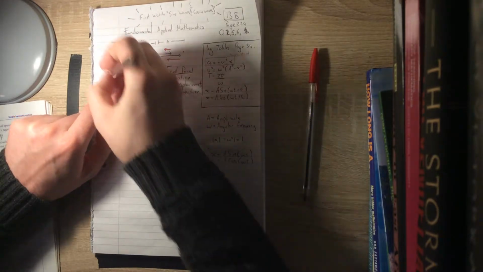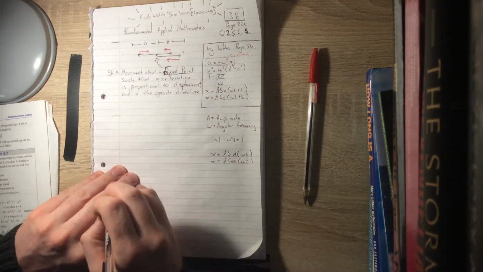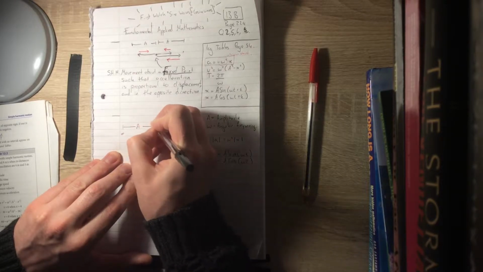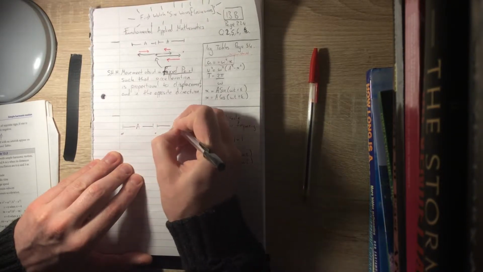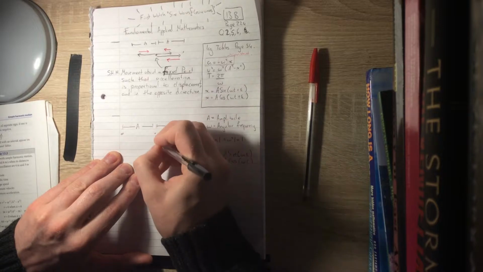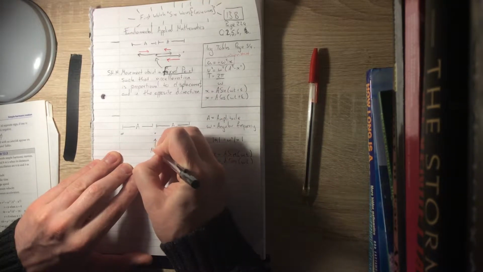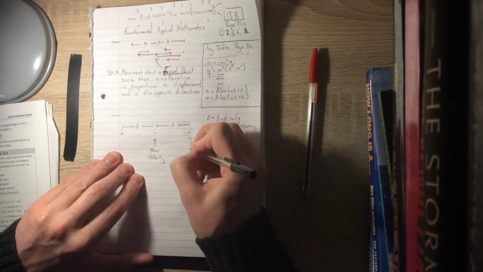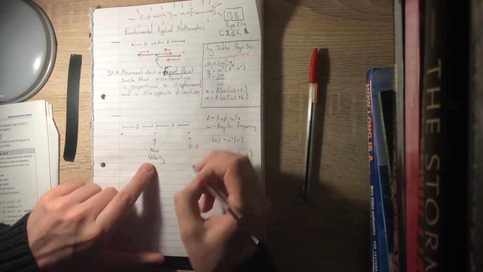Okay, so maximum velocity always occurs in the center of simple harmonic motion. Let me show that again here. If this is our full amplitude, there's our central point. There's another full amplitude. So maximum velocity in the middle, and out here, velocity equals 0.